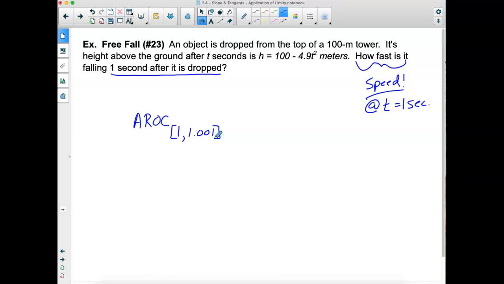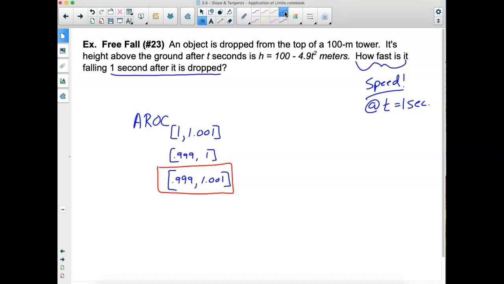Or, remember, I can take 0.999 to 1, or I could also sandwich that little bugger and say 0.999 to 1.001. This little guy right here gives us a really nice answer a lot of times, okay?